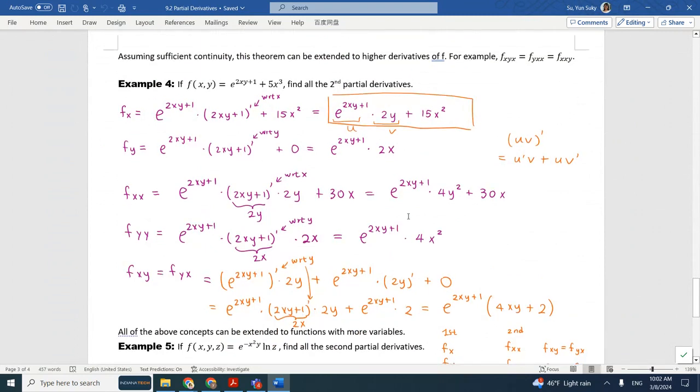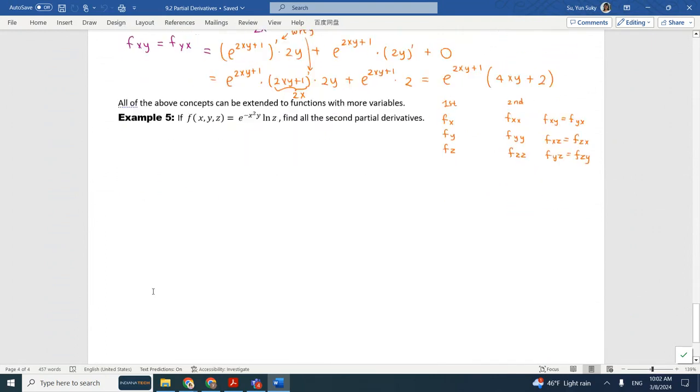If we only have two independent variables x and y, then we only have three different second partial derivatives: fxx, fyy, and fxy, right? But if we have a function of three independent variables, then we have three first derivatives, and for the second derivatives, we're going to have six of them, right, everybody? Let's continue.